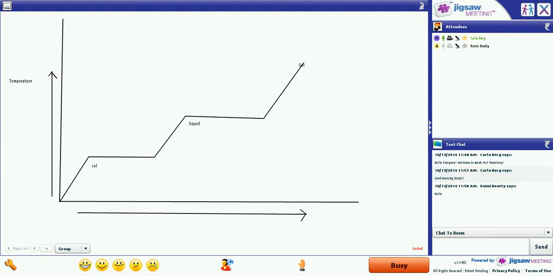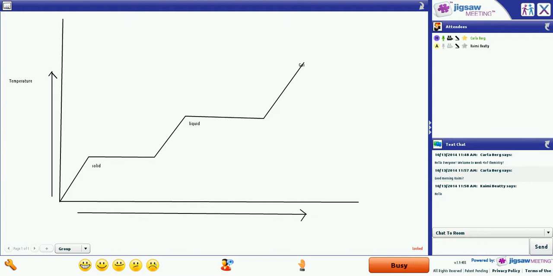All right, you certainly are on the right track here. Awesome. Perfect. Exactly what we would be doing. Now, when matter goes from a solid to a liquid, what is that called? Can we add that up here?